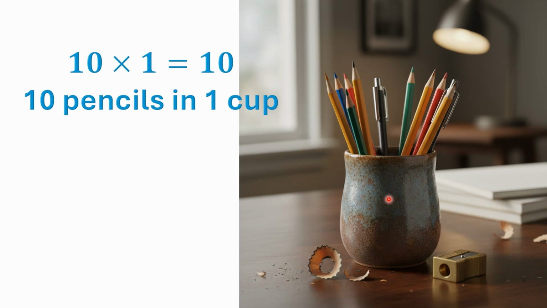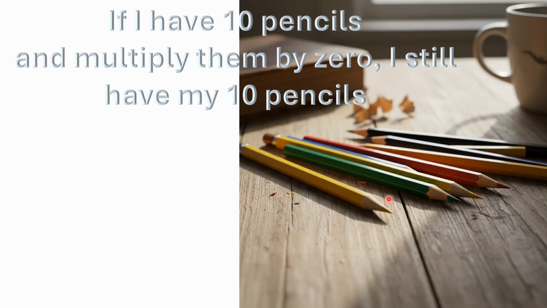But one of the arguments a lot of people will give me is, well, gee, if I have 10 pencils and I multiply them by 0, I still have my 10 pencils. Well, yeah, if I have 10 pencils and multiply them by 0, I still have my 10 pencils, but that's not what we're talking about. We're talking about if I have 10 pencils and I'm going to put them in cups. So that's going to be 10 pencils per cup.